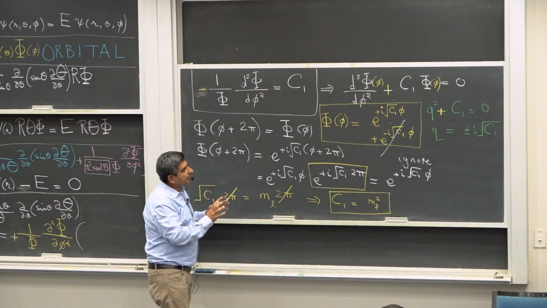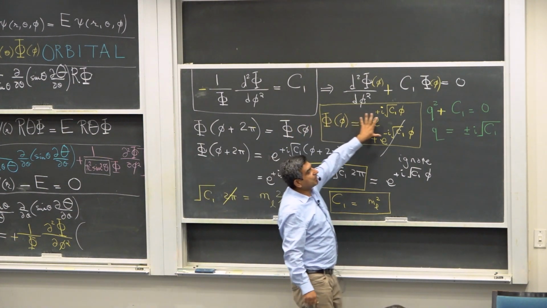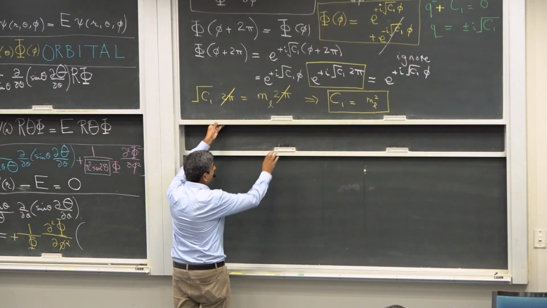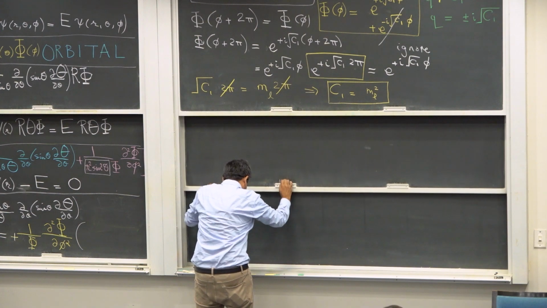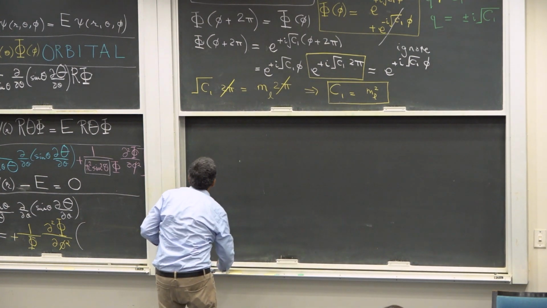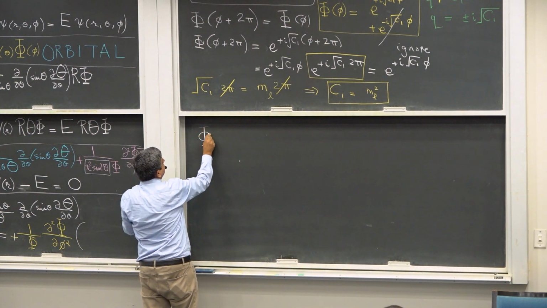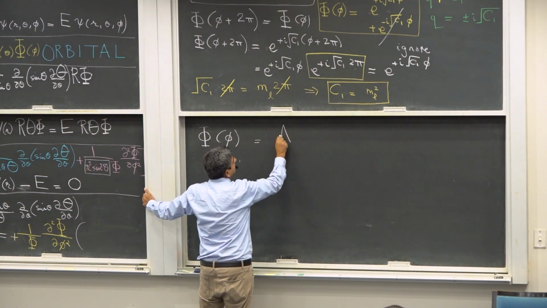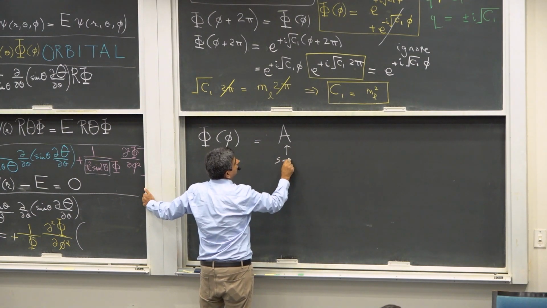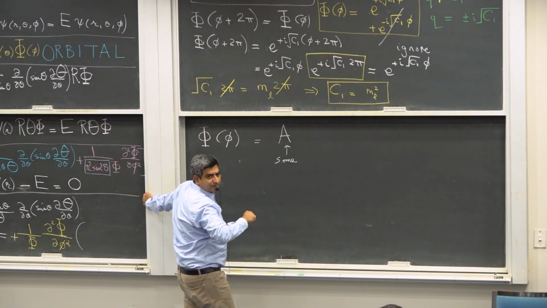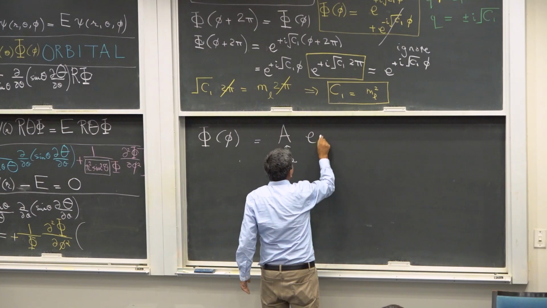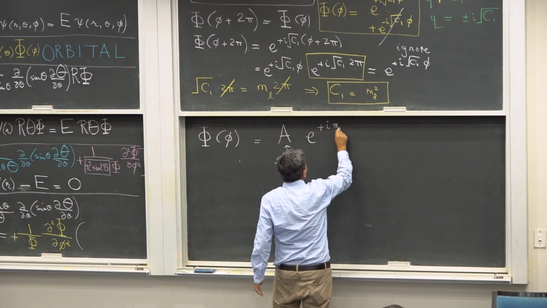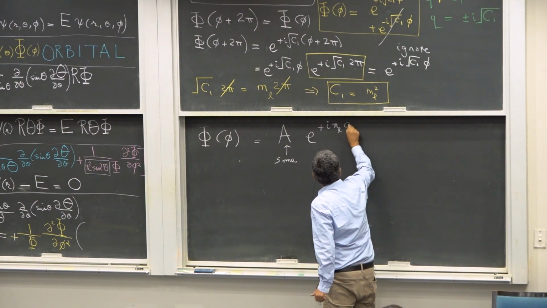So the upshot is that the azimuthal part of the wave function is the following. It is some constant, I don't care about constants, times E plus I square root of C1, which is this number ml, times phi.